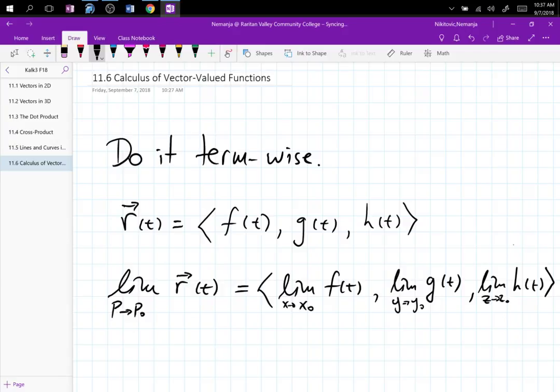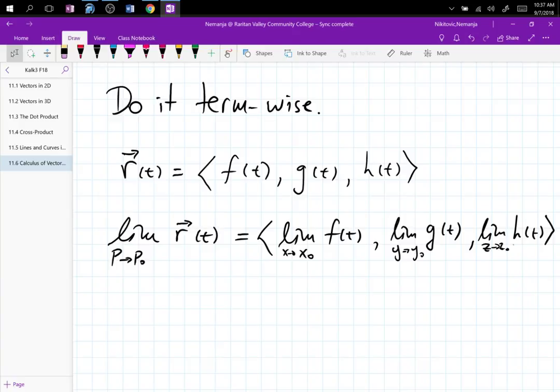So you just apply the limit to each of the functions.